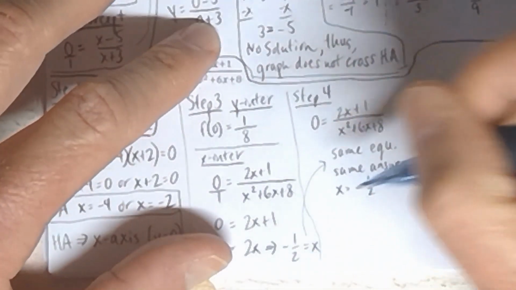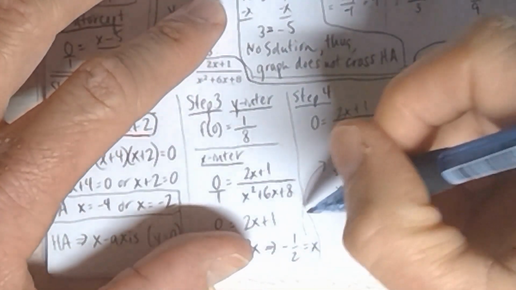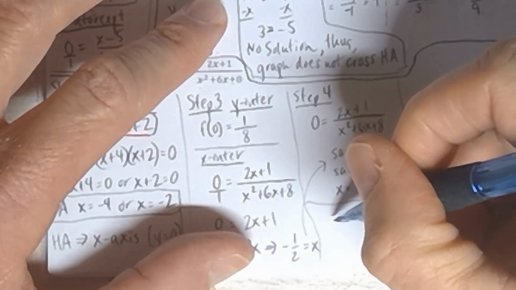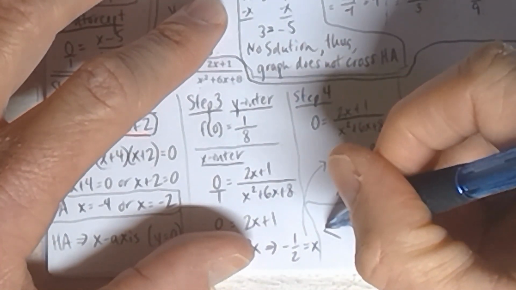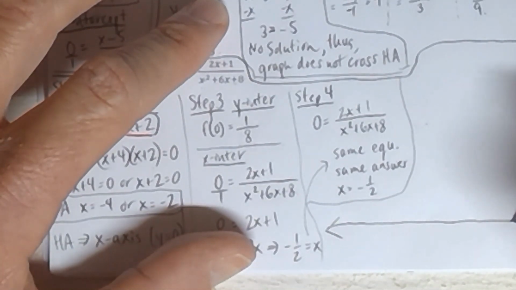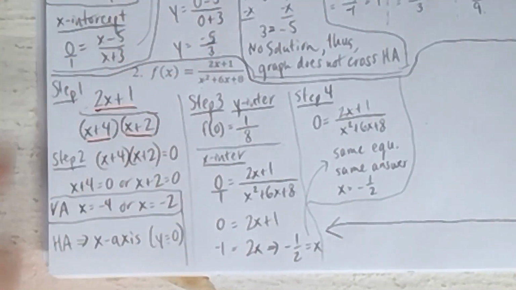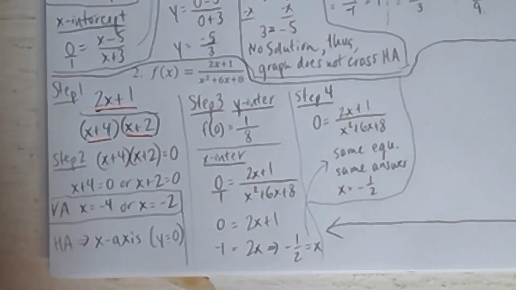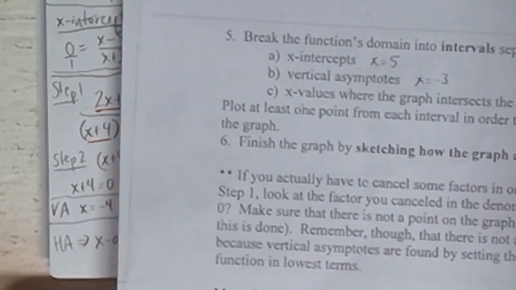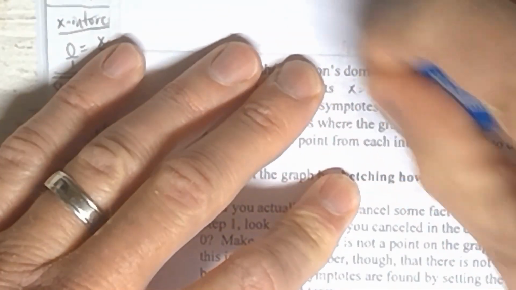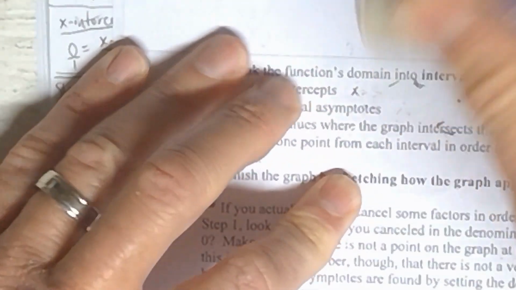All right, now, what is step 5? Step 5 is to make that number line. What's going to be on that number line? According to the directions, we have to put on there the x-intercept. Let me erase this so we can do it for this problem now.